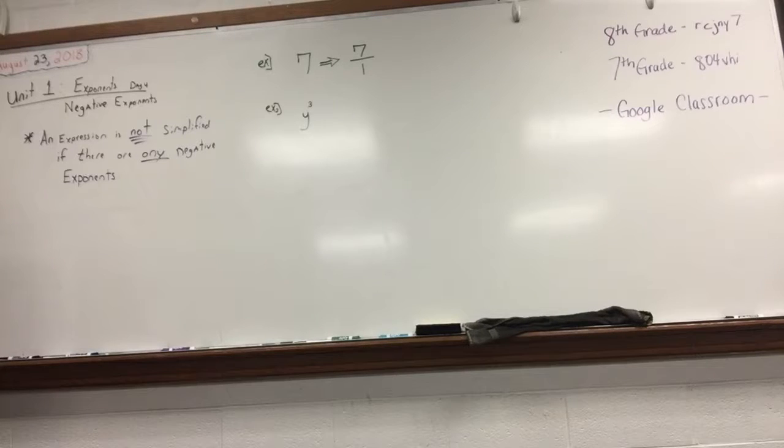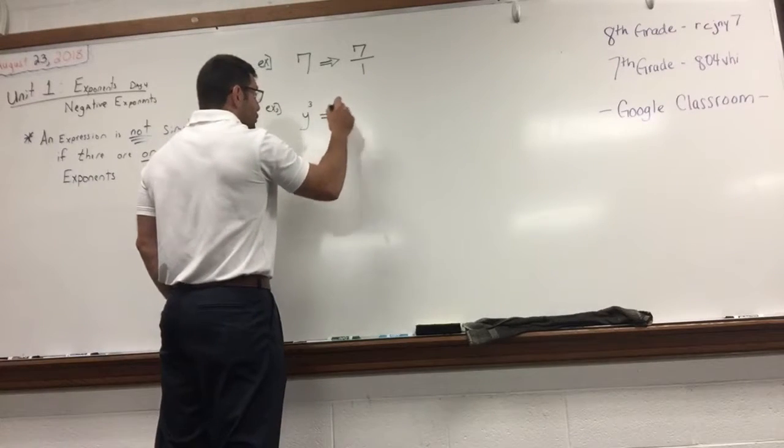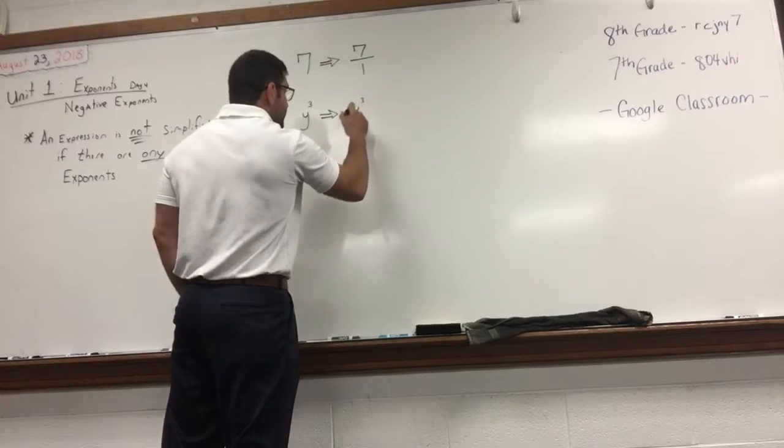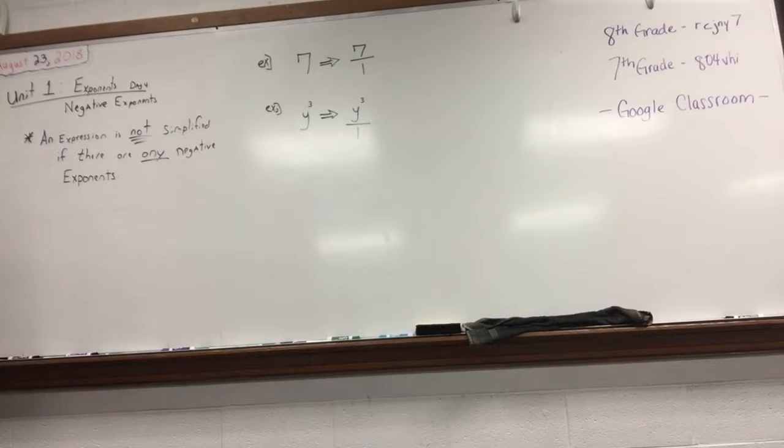Good. Can't you just put it over 1? So you want 1 on the top or 1 in the denominator? Denominator. Very good. So y cubed will be in the numerator. Numerator is the top. Divided by 1. Sammy, that's fantastic. So we can divide those variables by 1.